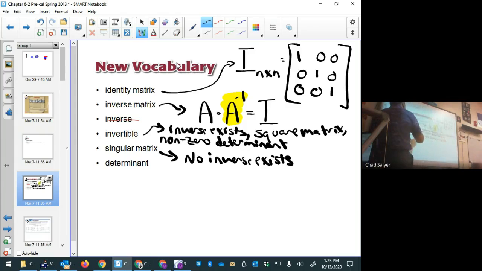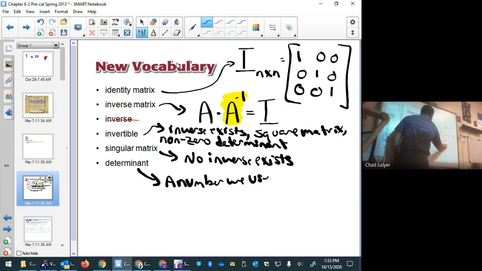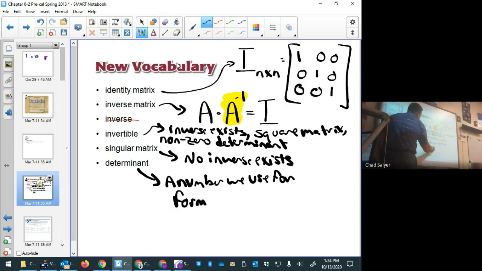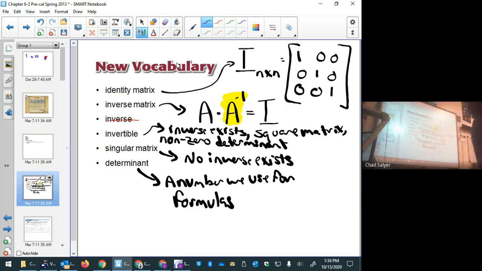And then that determinant is found by formula, and it's only possible to find these in square matrices. But the determinant is a number we use for formulas. So it allows us to know certain things about the matrix.